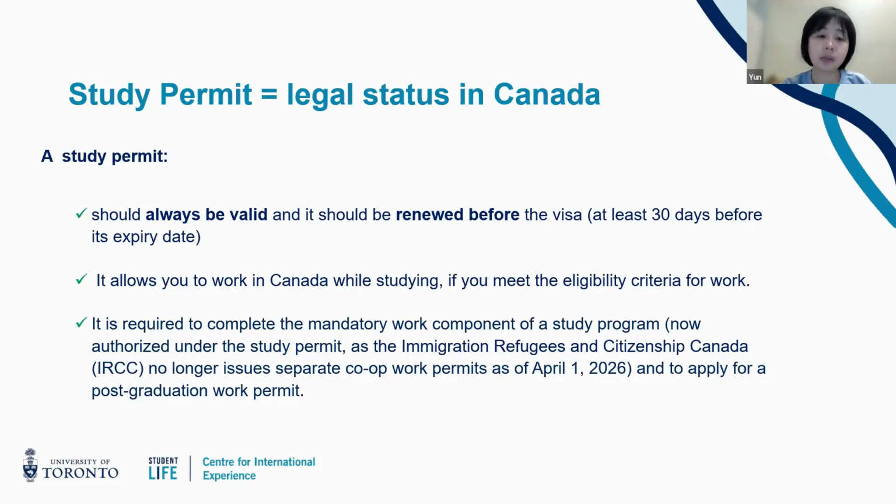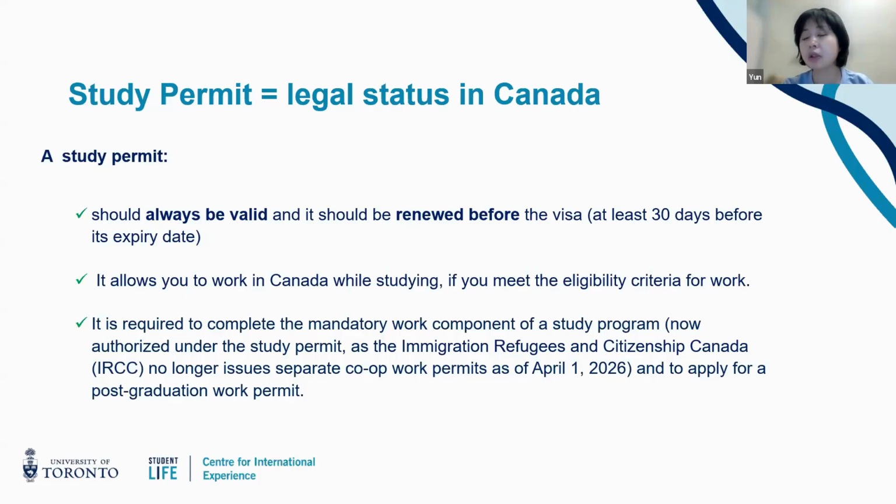So let's say if your study permit has an expiry date on May 31st, 2026, we would recommend that you apply for an extension at least on April 30th, 2026. Okay, that's highly recommended just in case any unexpected situations happen so that you cannot study here.